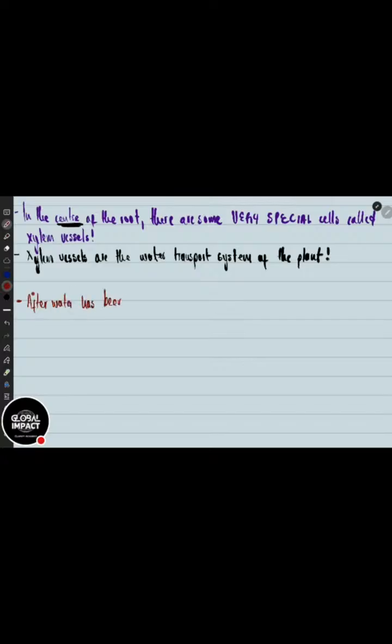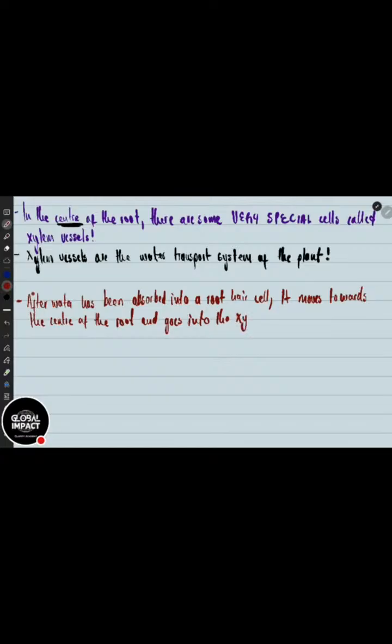After water has been absorbed into a root hair cell, it moves towards the center of the root, and goes into the xylem vessels.